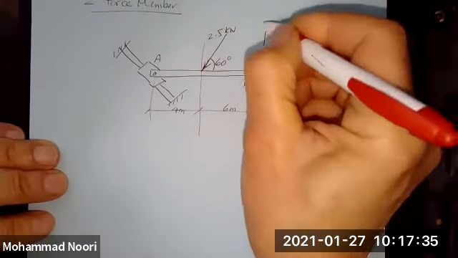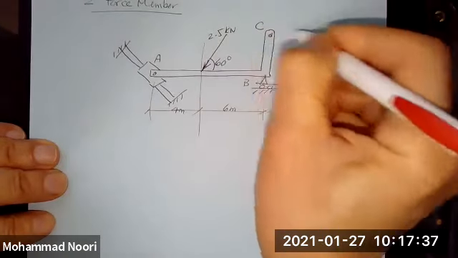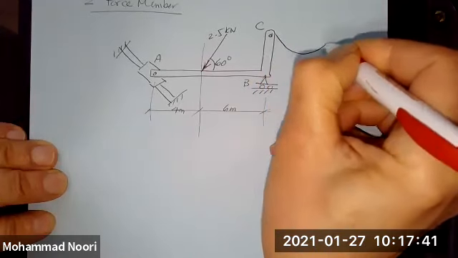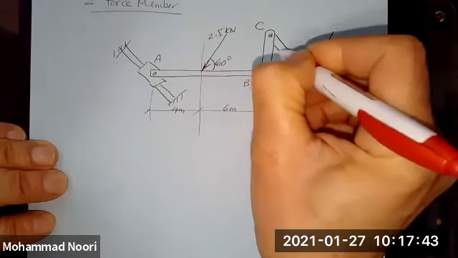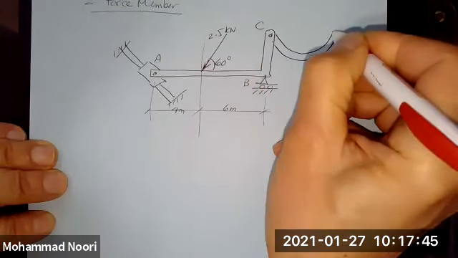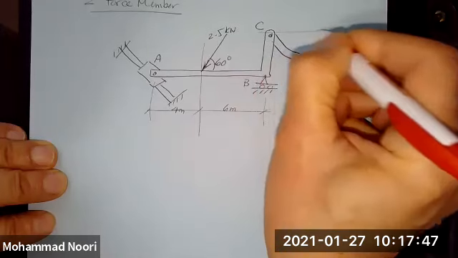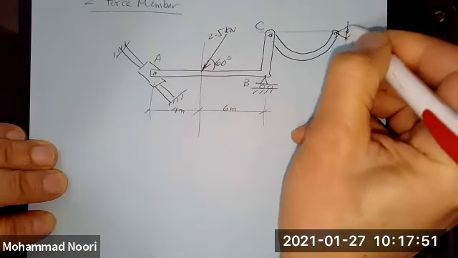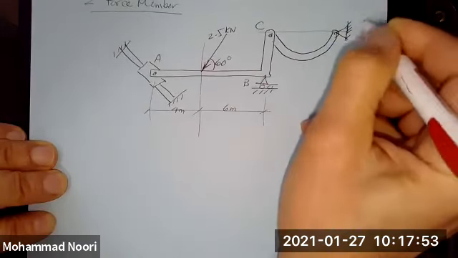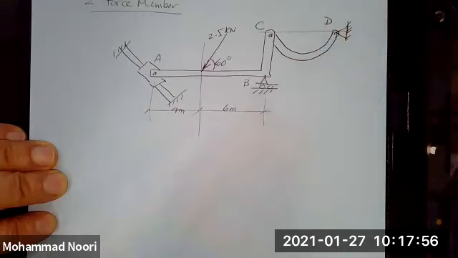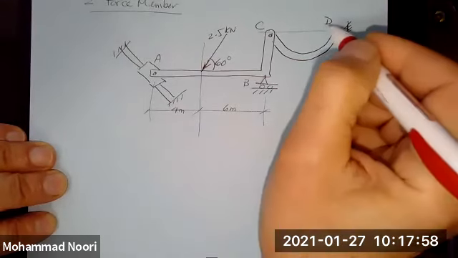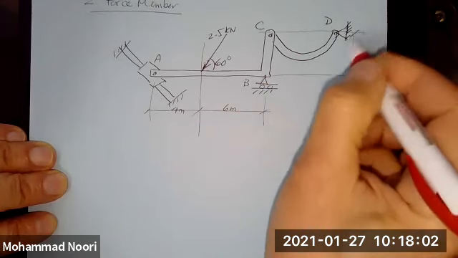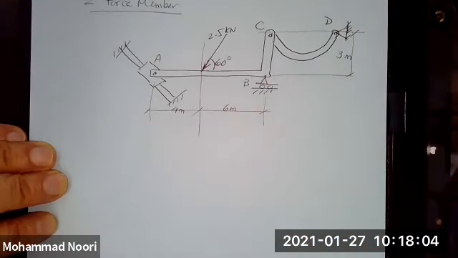At point C, now this piece of the structure looks like this. So you have this now, and then you have this pin support here. Okay, so this is your structure, and as usual, and this height is given 3 meters.